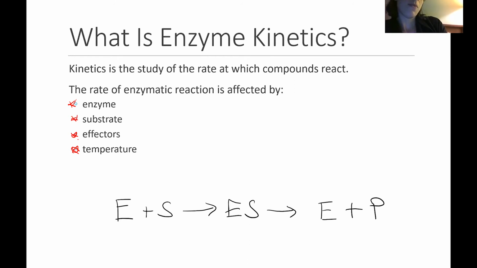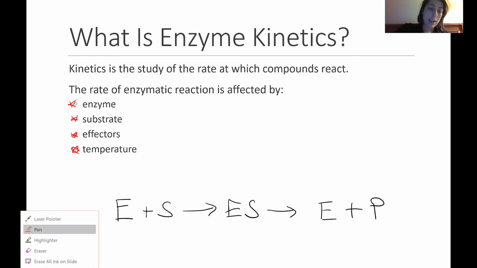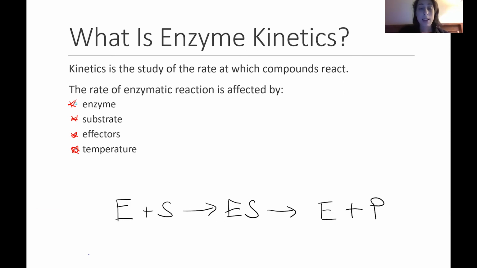So before we head into kind of graphically looking at enzyme kinetics, I first want to go over the general idea of the formula we'll be discussing for enzymes, which is, in a very simple case of enzymatic catalyzation of a reaction, you have an enzyme and you have a substrate.